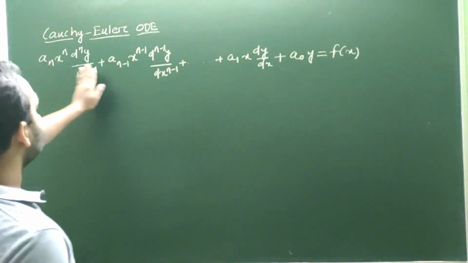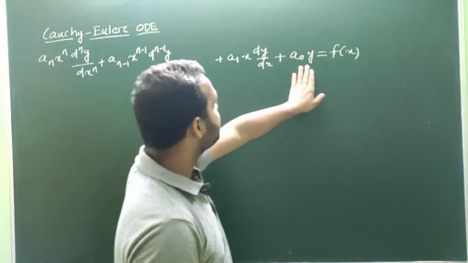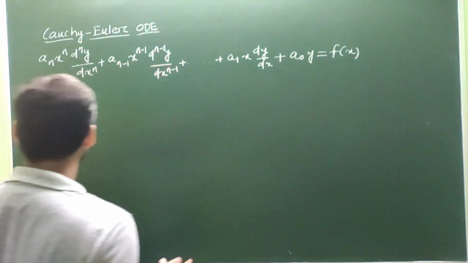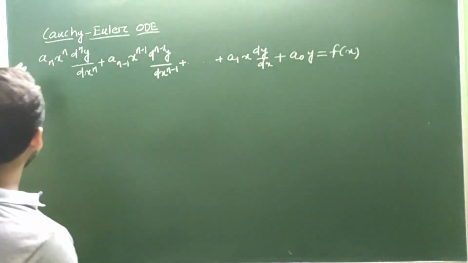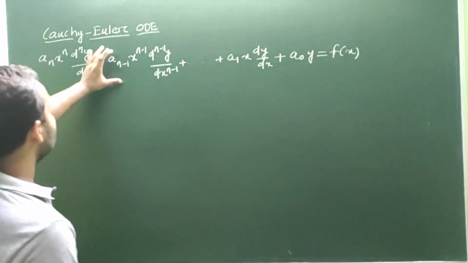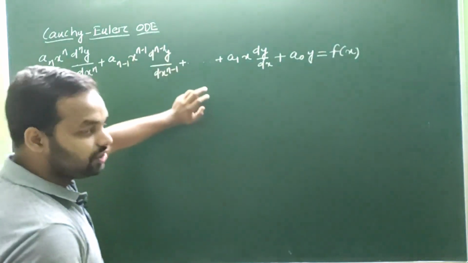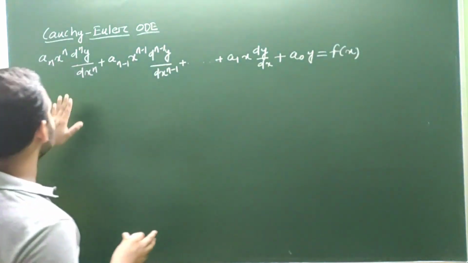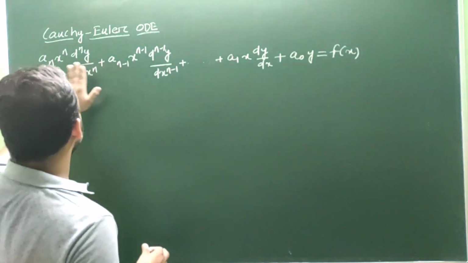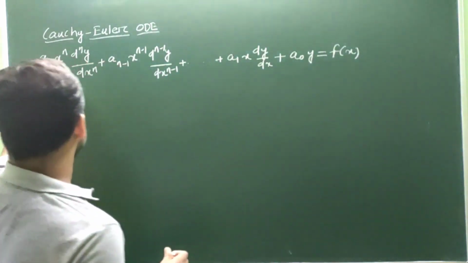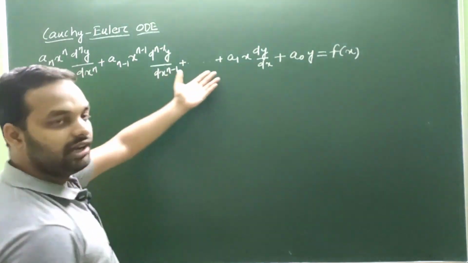Now this a_n, a_(n-1), a_1, a_0, all these are constants. But if you see, with this a_n or a_1 or a_(n-1), there is x to the power n or n minus 1. That's why we are calling this as not having constant coefficients. These are variables, these x are independent variables.